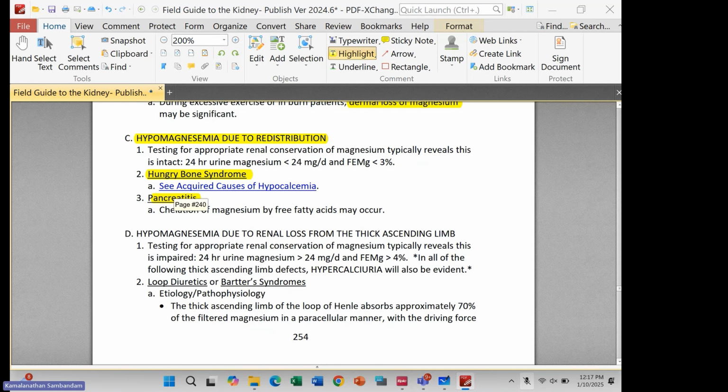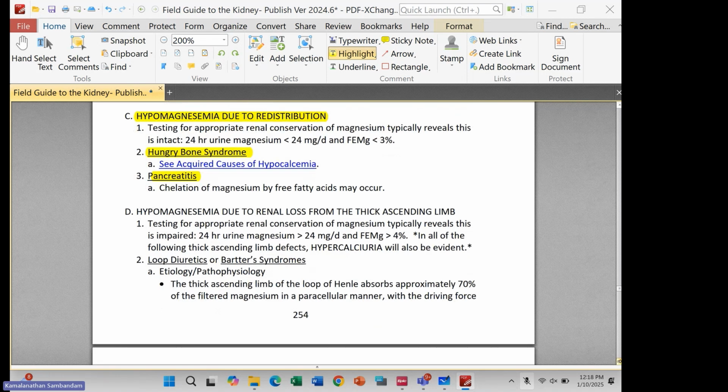And so calcium and magnesium share similarities. They're both divalent cations, and so they can both occur in these clinical syndromes. Hungry bone syndrome can result in magnesium reclamation by the skeleton when severe hyperparathyroidism is rapidly resolved post-surgically.